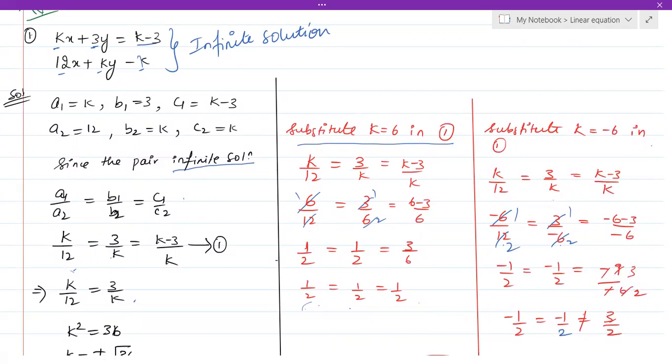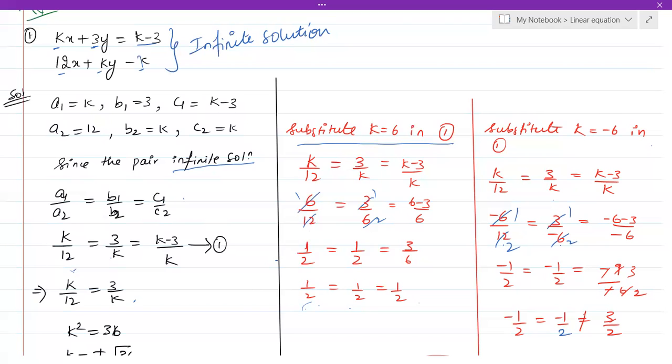Therefore, no problem there. But in infinite solution and no solution, once you get the values of k, whether one value, two values, or any number of values, you have to substitute back and check whether it is satisfying all the three. If it is satisfying all the three, then you will take that as the correct answer. Otherwise, we don't take that as the correct answer.